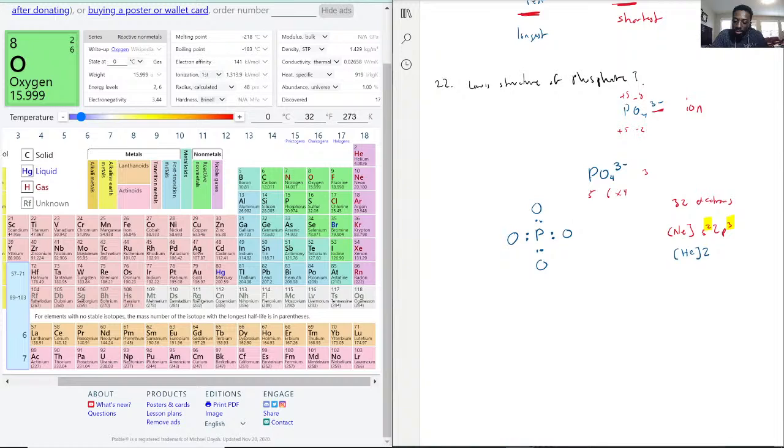Oxygen is going to be 2s2 2p4, hence how you have here 6 electrons. So 32 total though. Back to our actual problem.